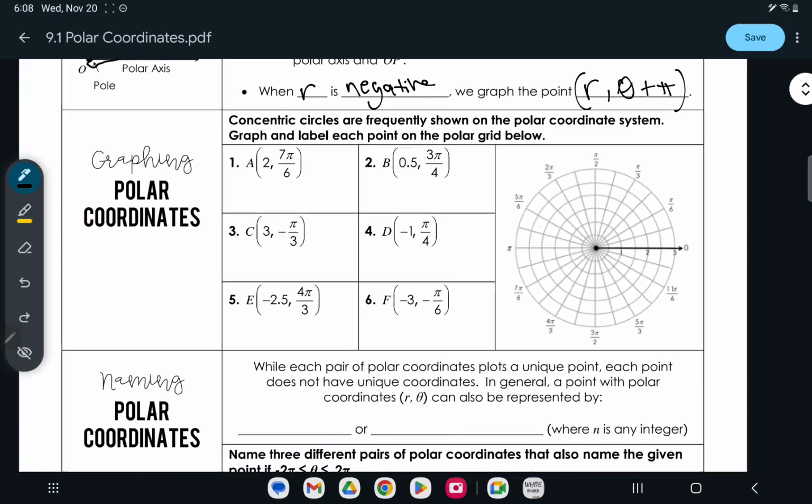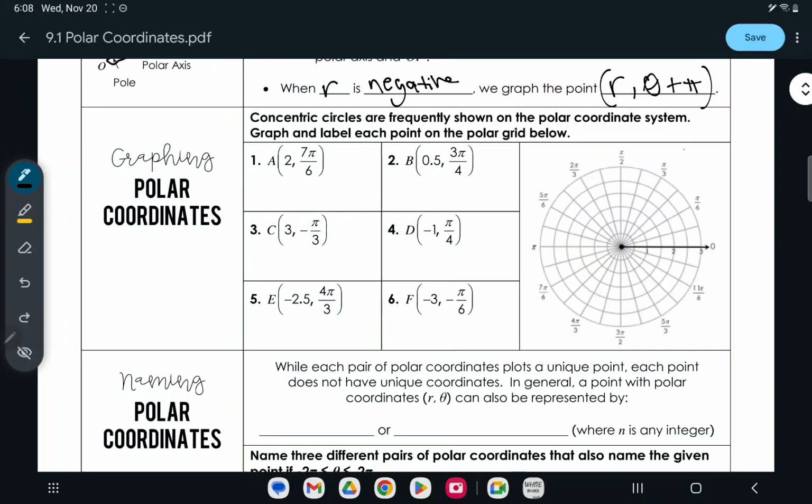So let's look at graphing some. Okay, so I'm going to look at this. All of these things here are circles. So this one right here is a circle of radius 1, circle of radius 2, circle of radius 3. All right, so that's going to be helpful to us when we go to graph.